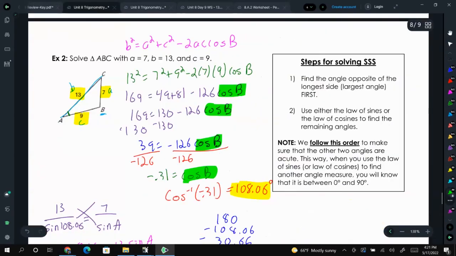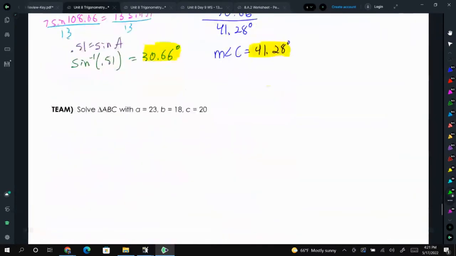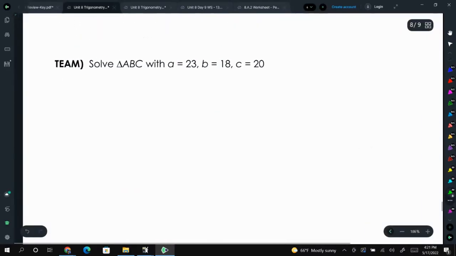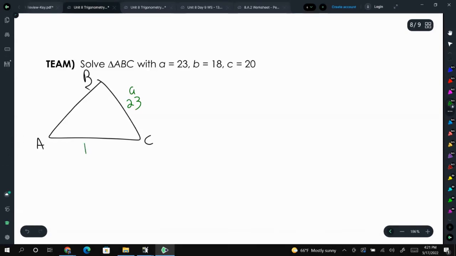So the problem below, I'm going to have you guys try. It is just like the one up above, where you have three sides. Let's draw the picture together. Little a is 23, so the side across from A. Little b is 18, and little c is 20.